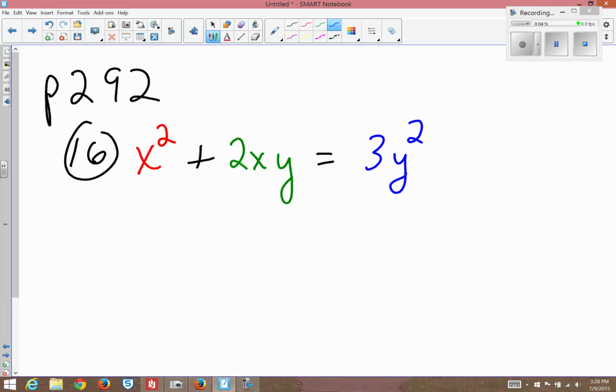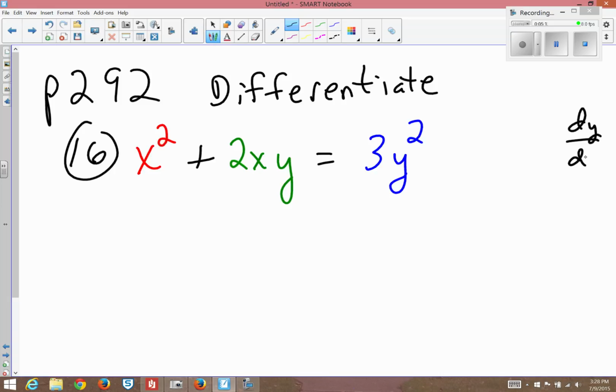And we are going to differentiate implicitly. The phrase differentiate implicitly means we're going to find the derivative of y with respect to x, differentiating. So we are not going to solve for y first. Implicitly means we're not going to try to get y by itself.